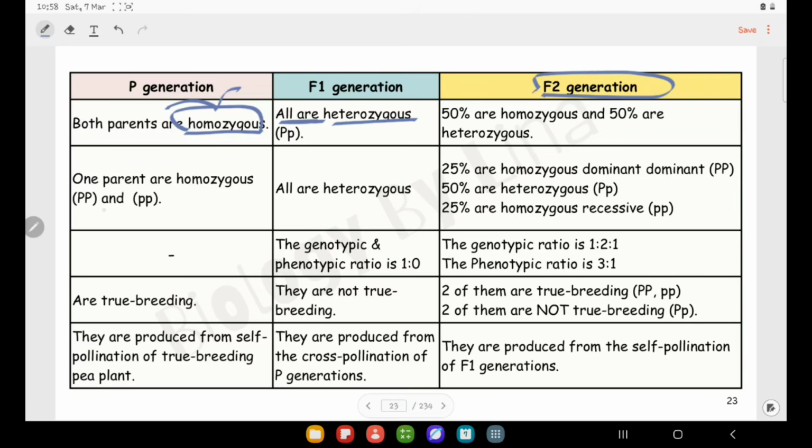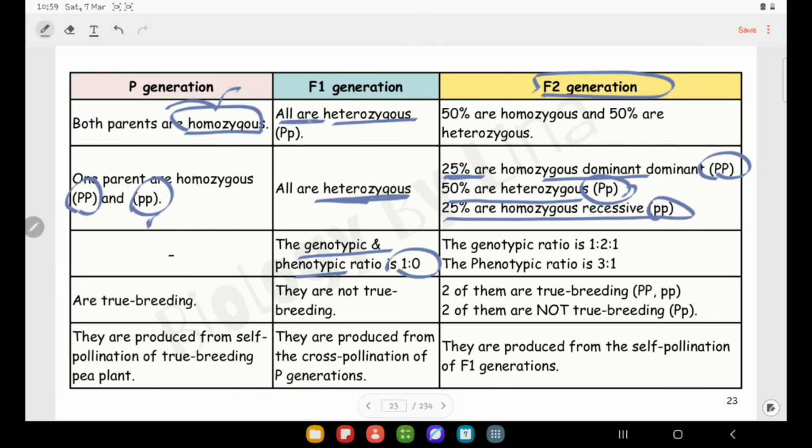Here in P generation, one of the parents will be capital letters because it's homo dominant, while the other one will be recessive and in small letters. While in F1 generation, all of them are hetero. And we can see in F2 generation, 25% are homo dominant and 50% are hetero, where 25% are homo recessive. The genotypic and phenotypic ratio is 1 to 0.